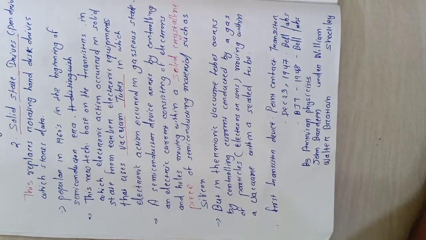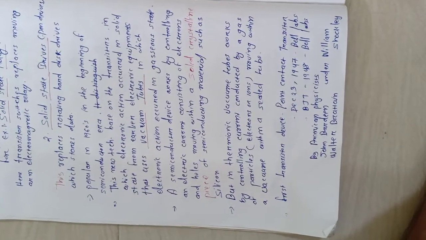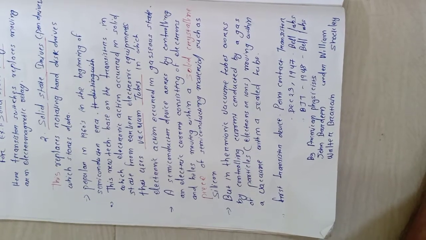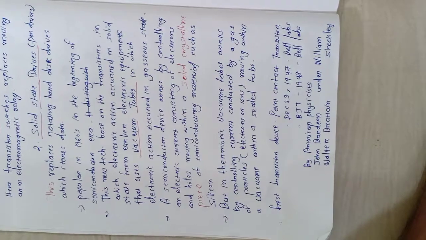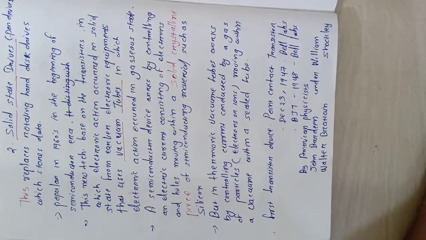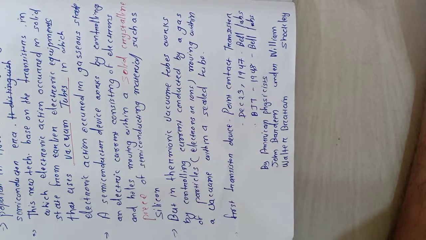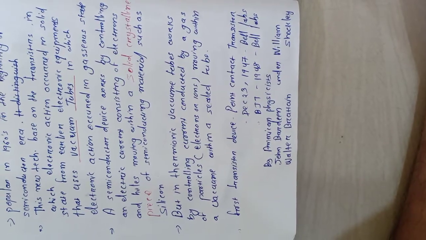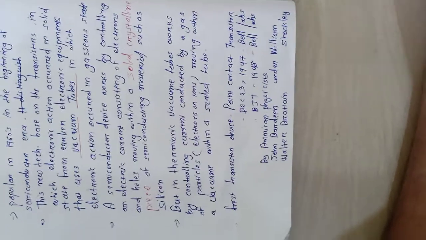So now we will learn something about the transistor devices. So what is the first transistor? The first transistor is a point contact transistor, invented by American physicists John Bardeen and Walter Brattain.